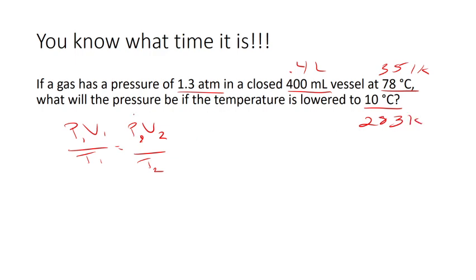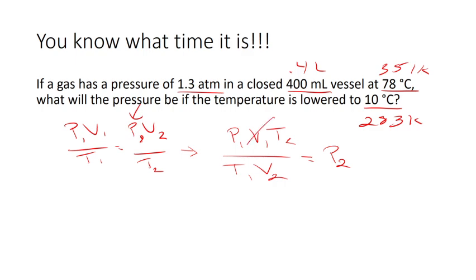And so now we want to know what P2 is. So we are going to rearrange this. Now, one of the things you will notice after we rearrange this is that we have V1 and V2, but we're not changing the volume.